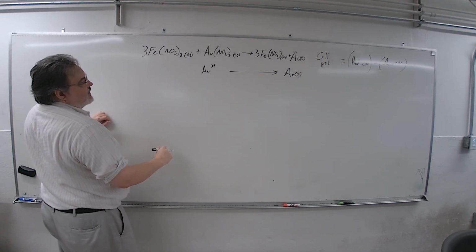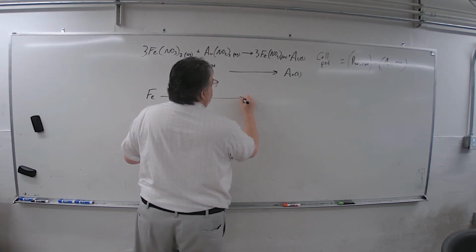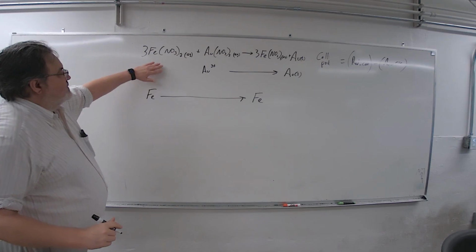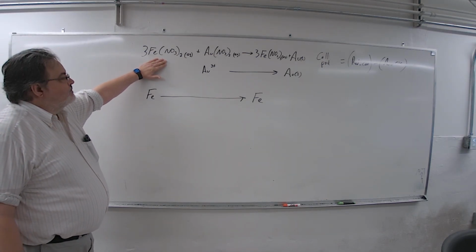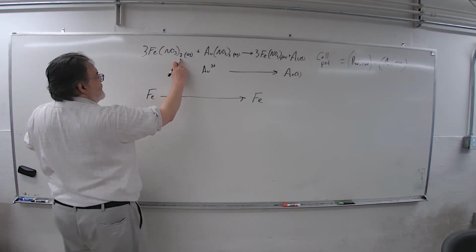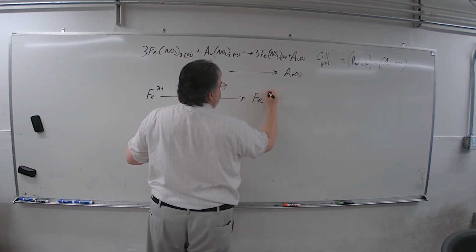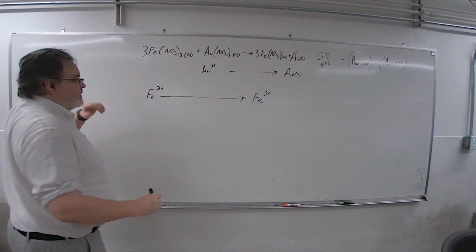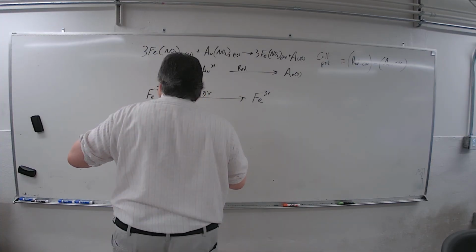And then the iron is the other thing. You're going from Fe to this Fe. But do you see the charge? Iron, so what's the charge on Fe here? 2. So there's 2 of these, and those are negative, so this is 2 plus. Here there's 3 of them, so this is Fe3 plus. So this is being reduced, and this is being oxidized.